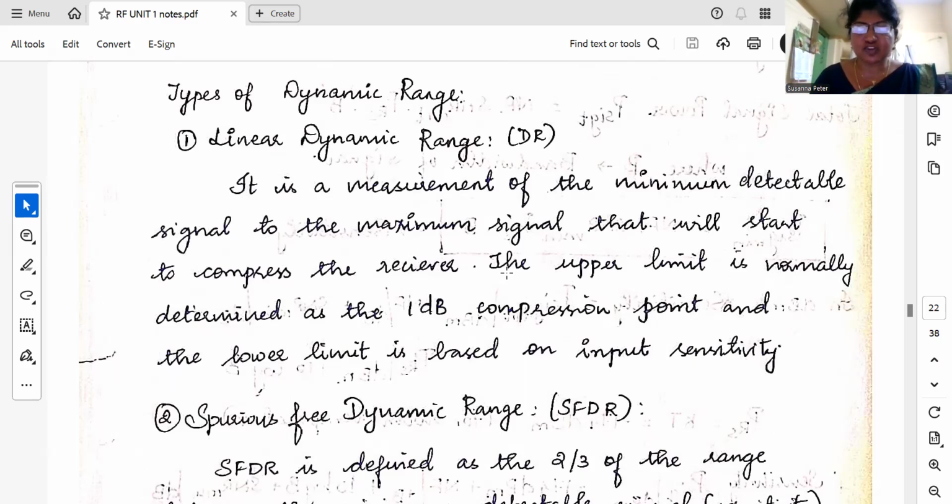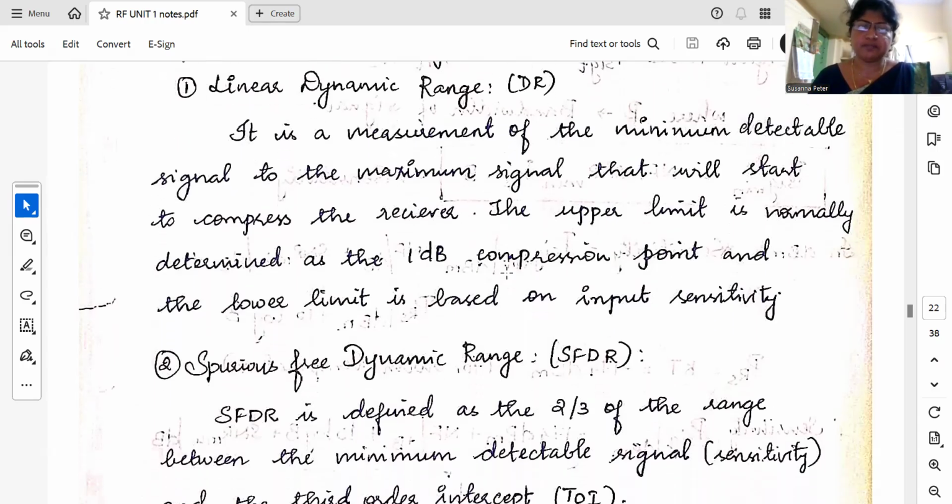The upper limit is normally determined as the 1 dB compression point, and the lower limit is based on the input sensitivity. So your minimum detectable signal is related to sensitivity, and your maximum will be your 1 dB compression point.